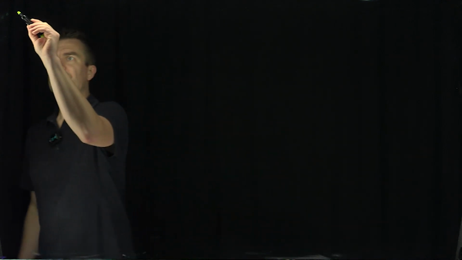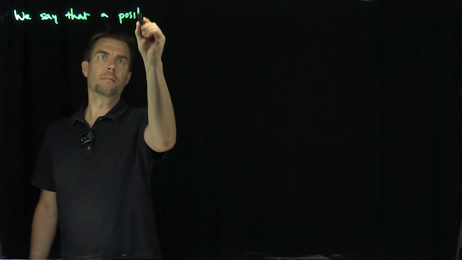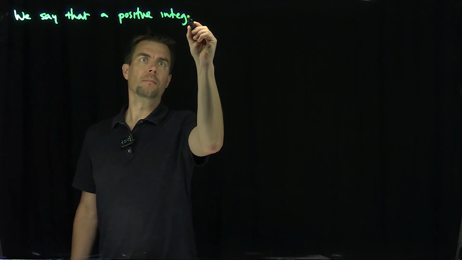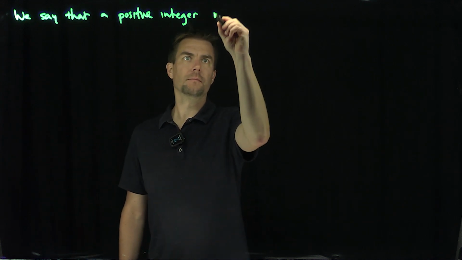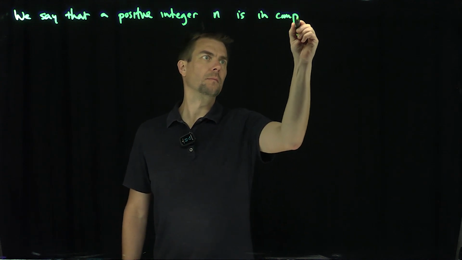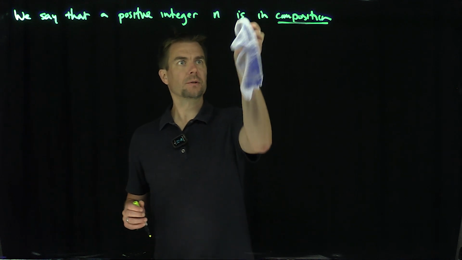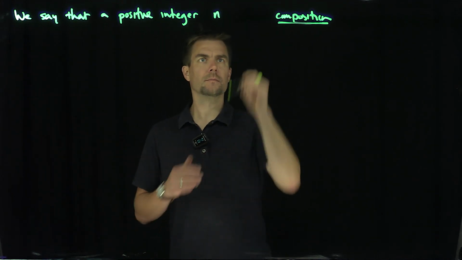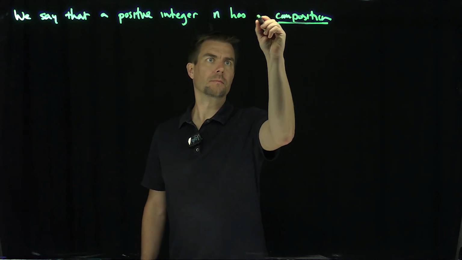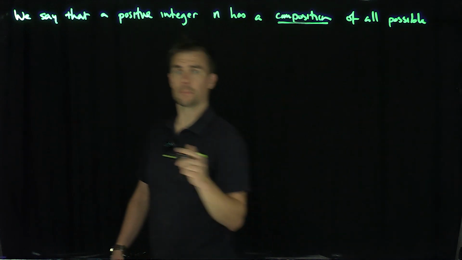Hello students, in this video we'll solve a Lower Michigan math competition problem that involves defining what the composition of a number is. We say that a positive integer n has a composition of all possible ordered sums.